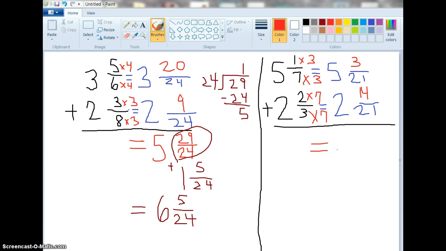Now we can add. So our final answer will be 7 and 17 over 21. Again, you can use the traditional method in order to add mixed numbers.